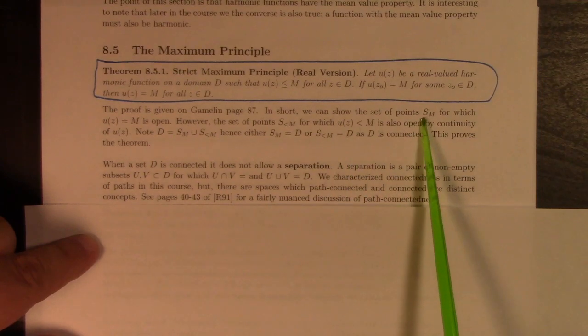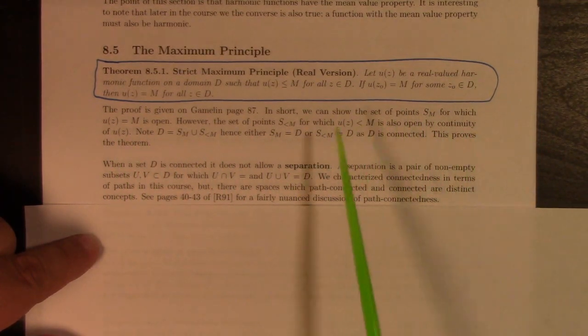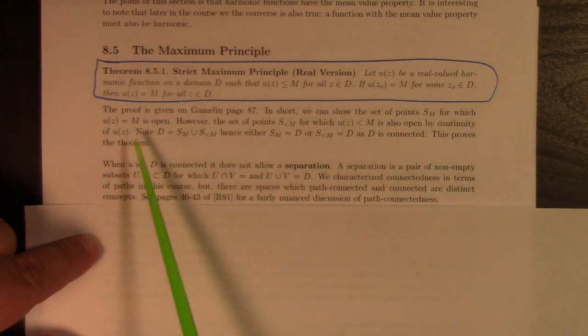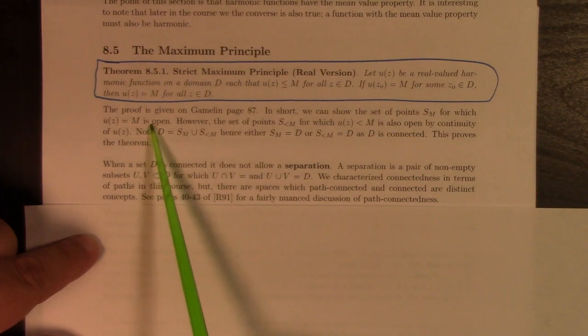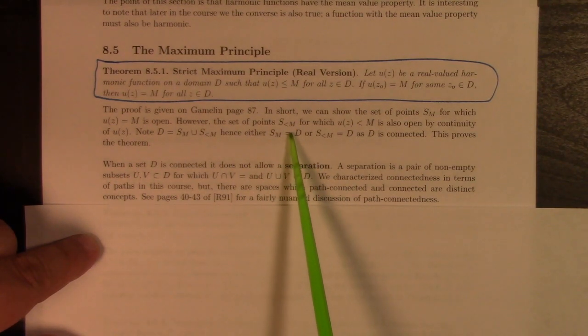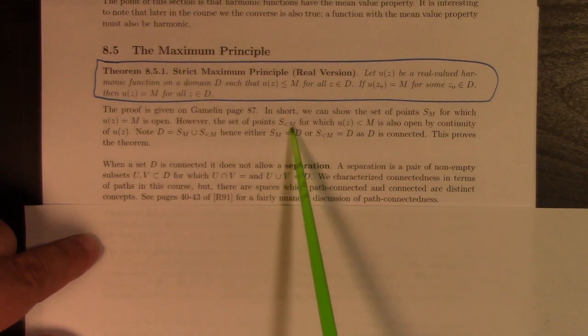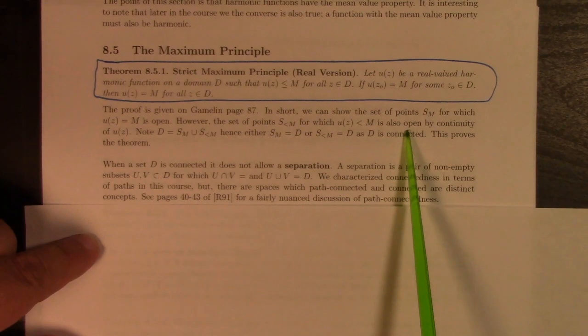Basically the argument is this. If you look at the set of points S of m, and so that would be the set of points at which the harmonic function attains the value m, you can prove that that set is open. And you can also prove that the set of points for which the function attains a value less than m, you can prove that's also open.